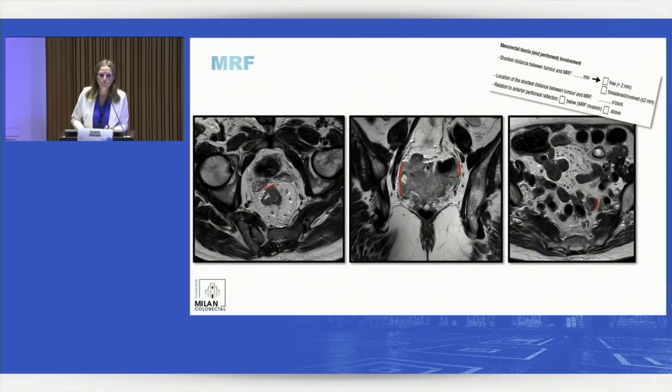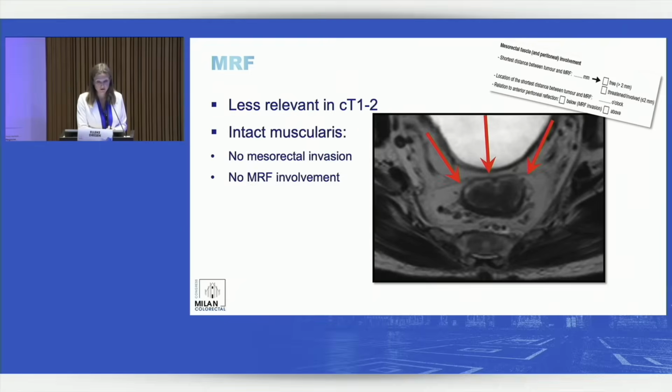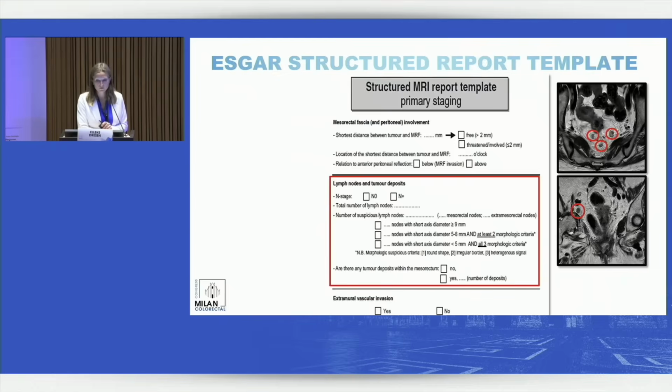In the middle, of course, a very bulky tumor with multifocal invasion of the MRF. And on the right, we have actually a tumor deposit, which is located at the MRF high on the left lateral side. Of course, the MRF becomes less relevant if we are completely sure that this tumor is confined to the rectal wall, because then there is no mesorectal fat invasion and typically no MRF involvement.